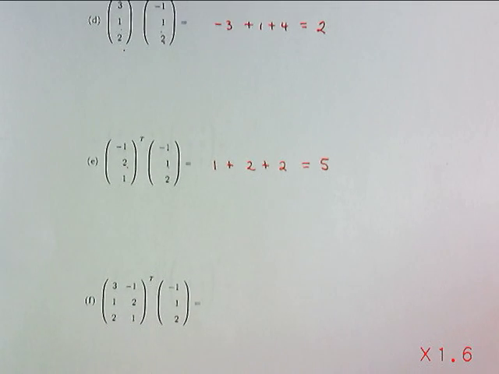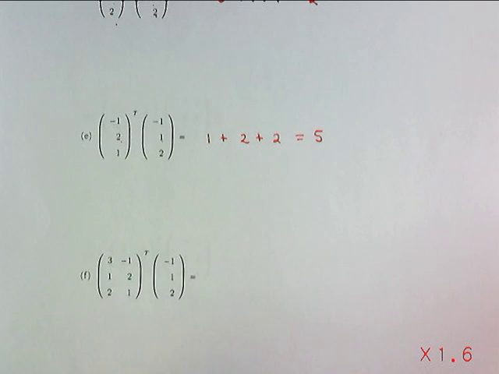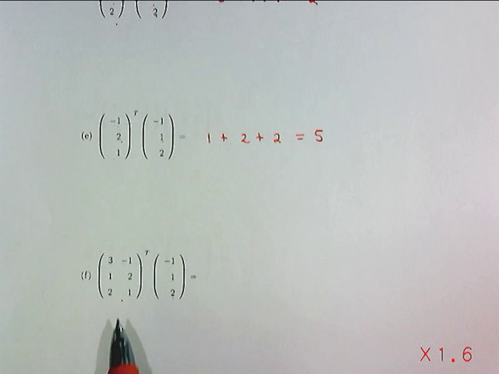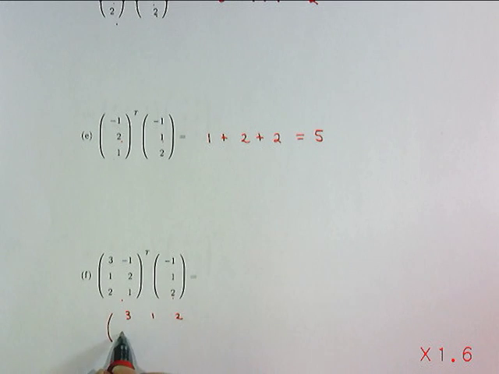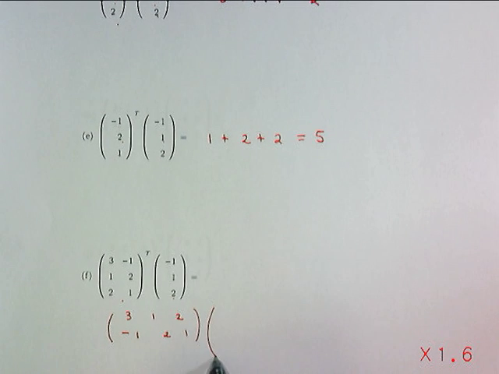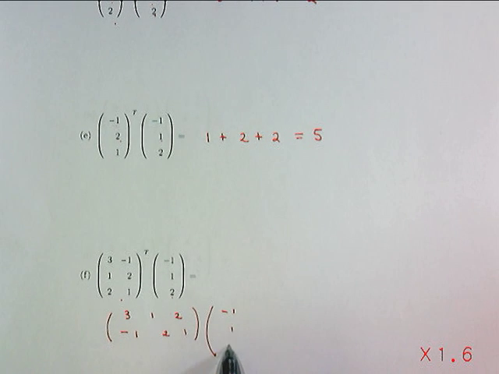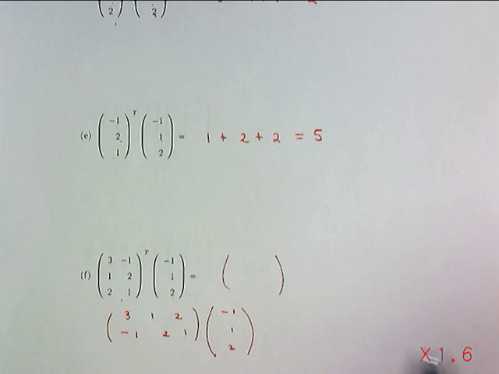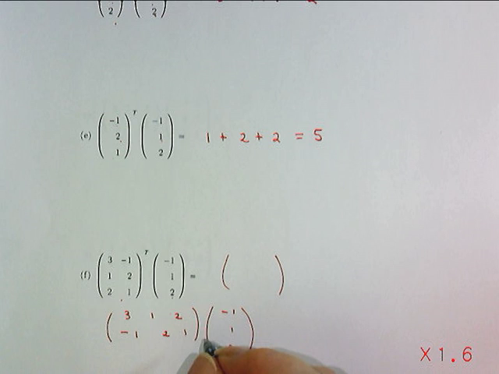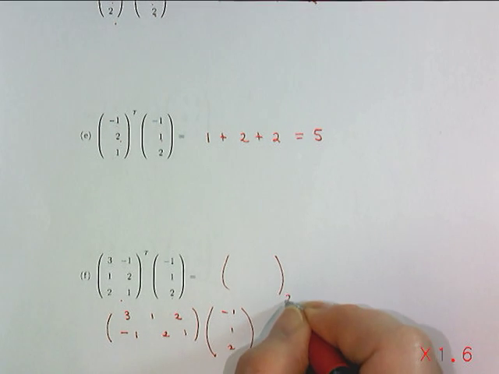Now what I want to do is a matrix vector multiply again. Notice really what I have here is the matrix 3, 1, 2, negative 1, 2, 1 times the vector negative 1, 1, 2. So the product is actually going to be a vector of size 2.